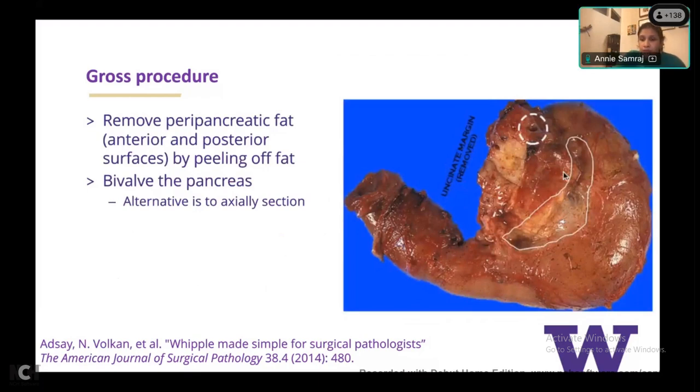At this point, you could remove the peripancreatic fat, peel off the fat, and then you could bivalve the pancreas along the duct system through your probes. Another way is to axially section, like we do with the distal pancreatectomy, perpendicular to the long axis. But generally, when you bivalve the pancreas and fillet it open like a book, you'd be able to assess the involvement of the different structures.